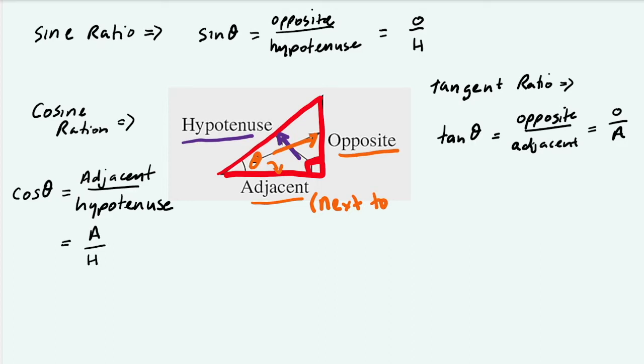Now, you may remember back to when you were first introduced to this, that you would have seen a little rhymey thing that says SOH CAH TOA. Kind of sounds like a Hawaiian volcano to me. S-O-H, so sine opposite hypotenuse.